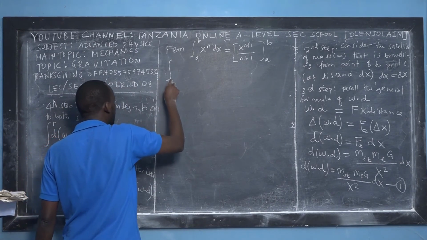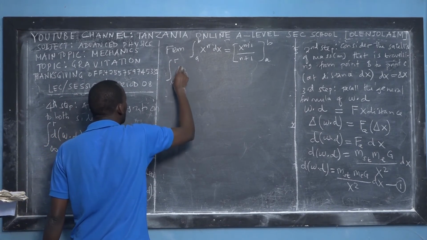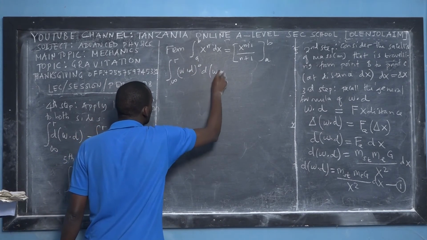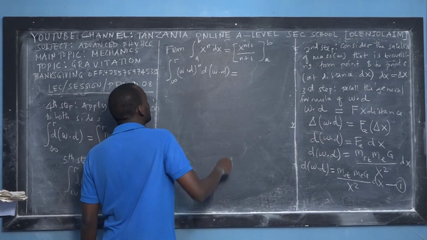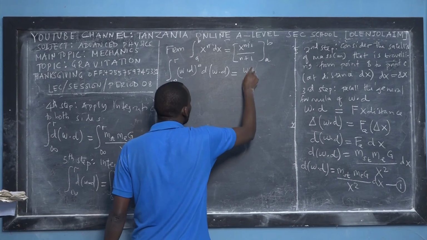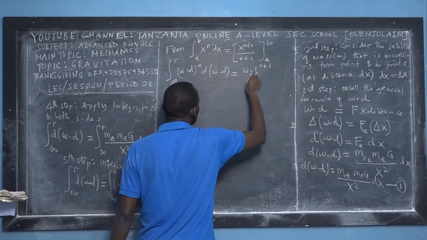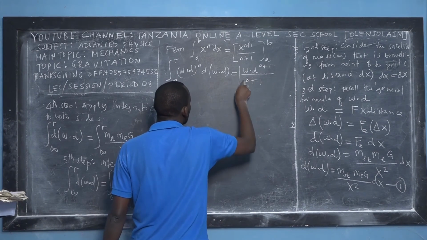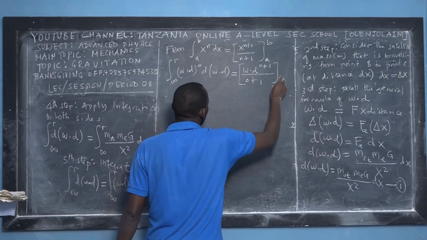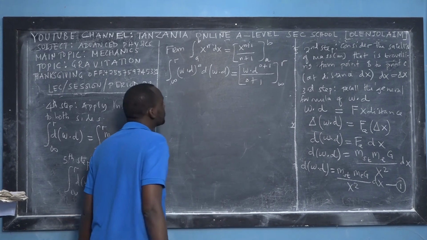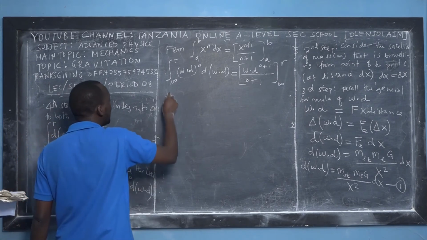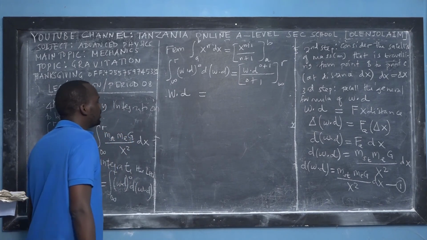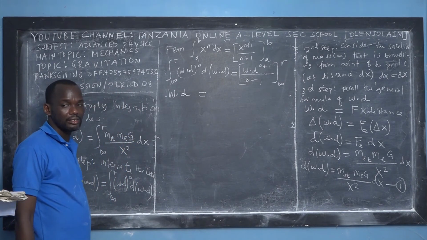So the integral from infinity to r of work done power 0, d work done, is equal to what? Our n here is equal to 0, so we have work done power 0 plus 1 over 0 plus 1, with limits from infinity to r. If you find the value there, the answer is work done. So on the left hand side, if you integrate the work done, we get the work done.